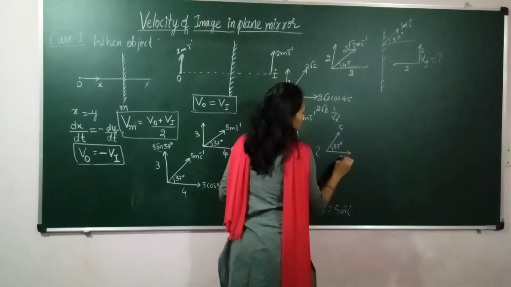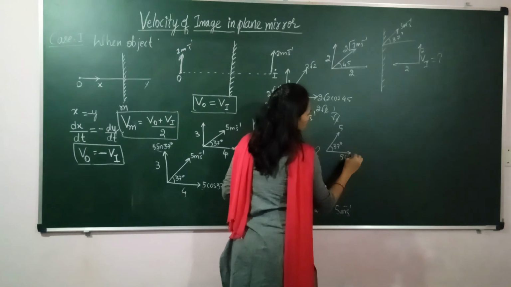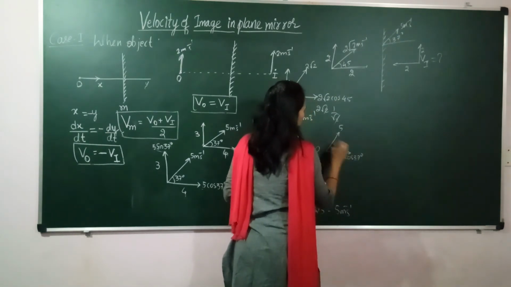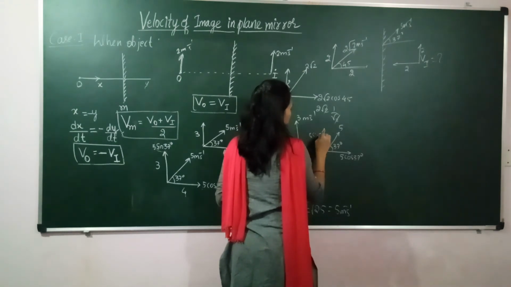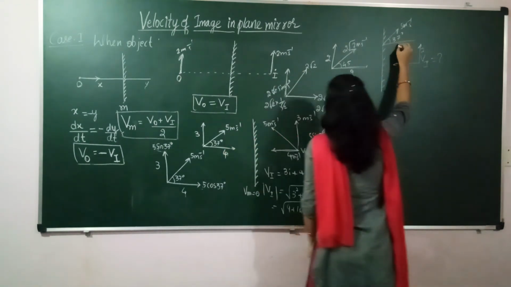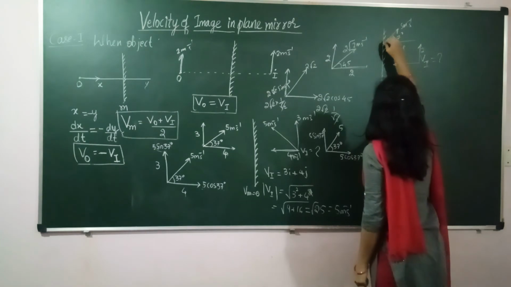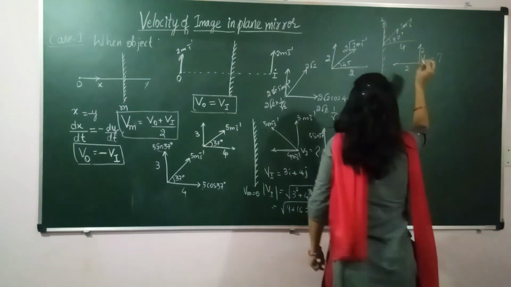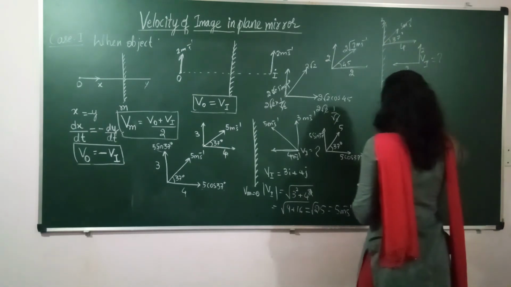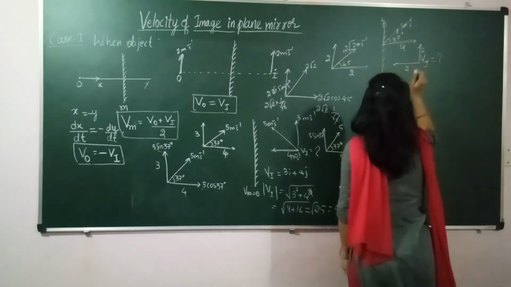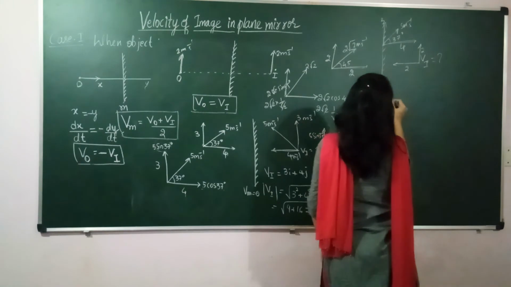So this can be written as 5 cos 37 degree, and here it is 5 sin 37. So here we will get it as 4, and here we will get it as 3. Now if this object is moving at 4 meter per second and here it is moving 3 meter per second, then we will do the calculation.